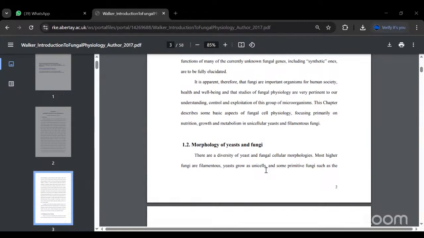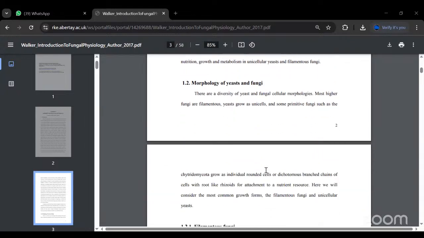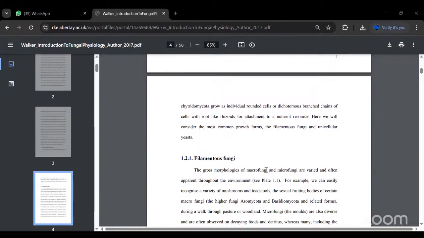Yeast grow as unicells, and some primitive fungi such as the Chytridiomycota grow as individual rounded cells or dichotomously branched chains of cells with root-like rhizoids for attachment to a nutrient resource. Here we consider the most common growth forms, the filamentous fungi and unicellular yeast.